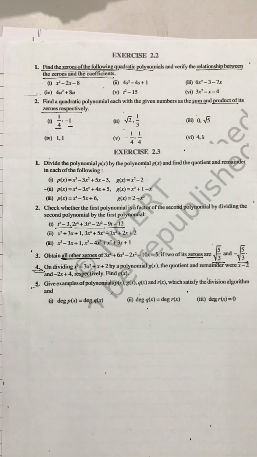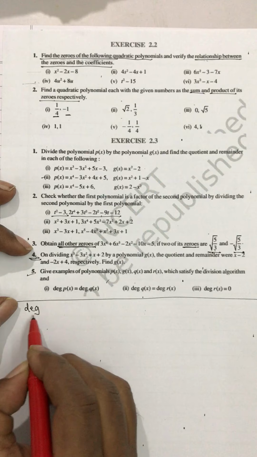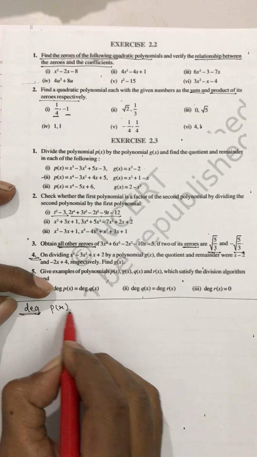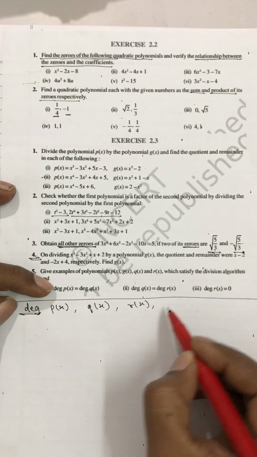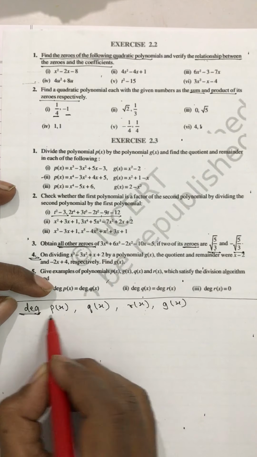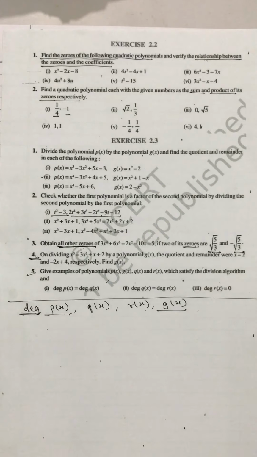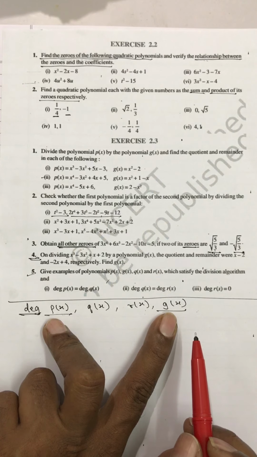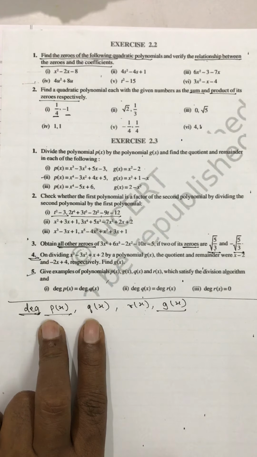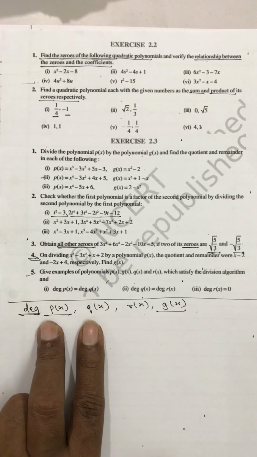See, my dear students, before going forward, what is the relation between the degrees of P of x, Q of x, R of x, G of x? Of course, P of x and G of x should come first. See, this is given to you. P of x and G of x normally you have. What is new in this question? You must be discussing, why is sir chewing on it so much?